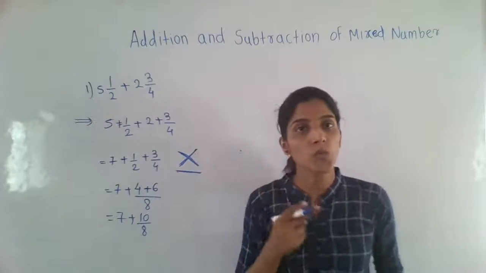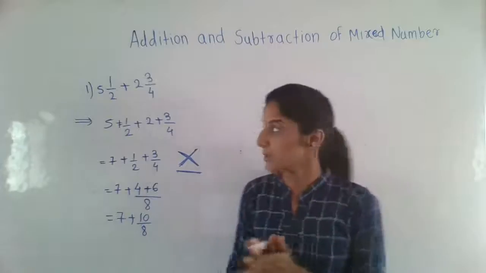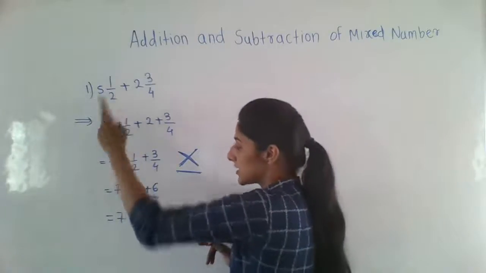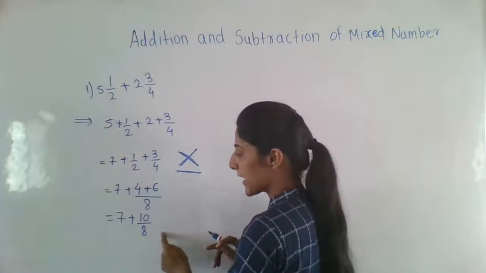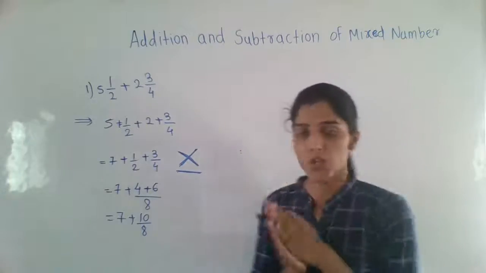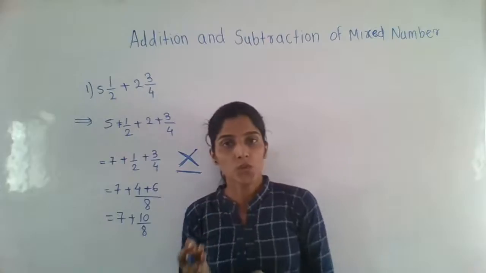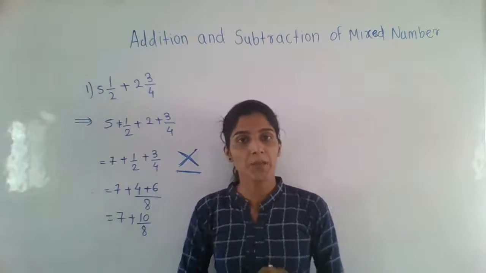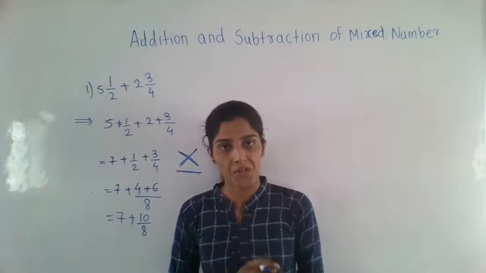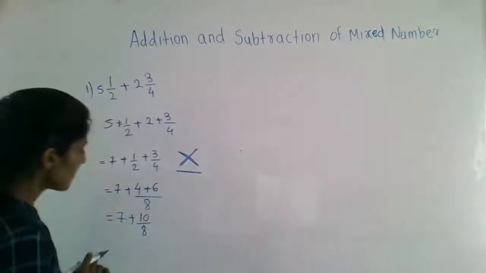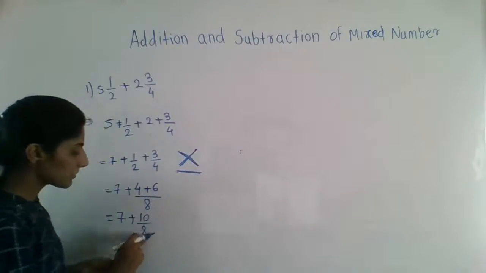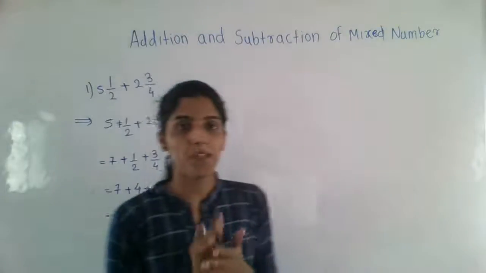And we have to convert this number 10 by 8 into a proper fraction, and we know about the conversion of a mixed number into an improper fraction and an improper fraction into a mixed number. But here we have to convert this number into a proper fraction.